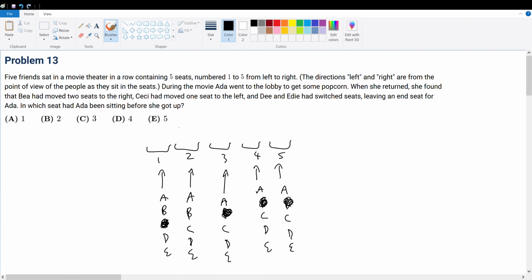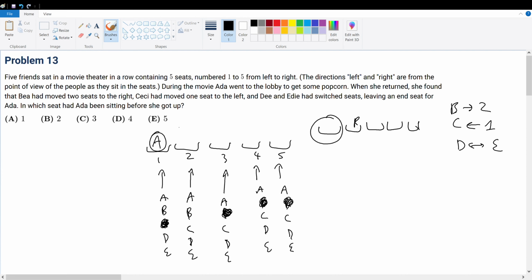So now we just basically have to simulate it out, which is to say, let's first assume that Ada sat in the 1st seat. If Ada sat in the 1st seat, would this make sense? Well, let me just write it to the side. Bea moves 2 seats to the right, and Ceci moves 1 seat to the left, and then D and E swap places. And so let's say A was here, then afterwards, the seating would be like this, where this is empty. So let's say Bea was here. Bea moved 2 seats to the right, so Bea is now here.